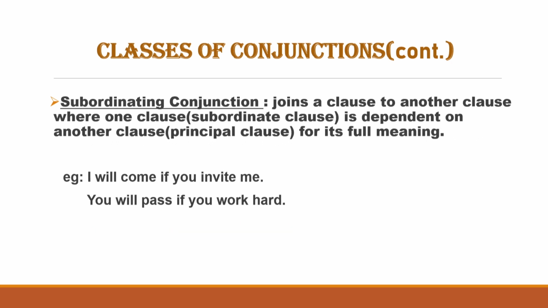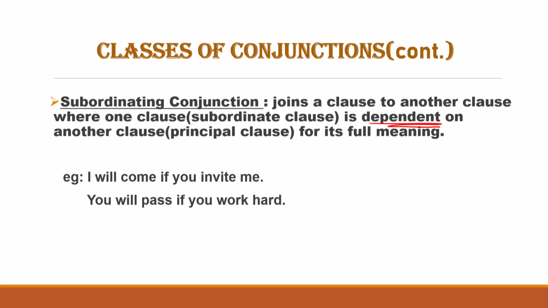Now next, subordinating conjunctions. They join a clause to another clause where one clause is dependent on the other clause for its full meaning. Let us understand this with the help of an example. I will come if you invite me.